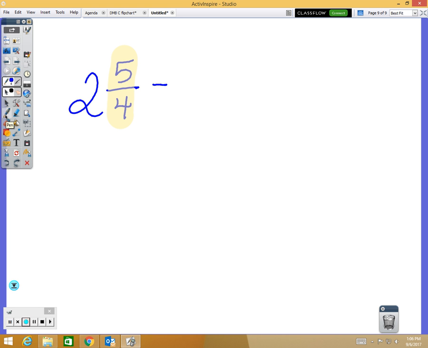Okay, so first of all, focus just on your fraction that's improper and write your improper fraction as a mixed number like we just practiced. 4 goes into 5 one time with 1 left over and your denominator stays a 4. So 5/4 is 1 and 1/4. And then you take this 2 and you add on that 1 and 1/4 to it to get final answer 3 and 1/4.